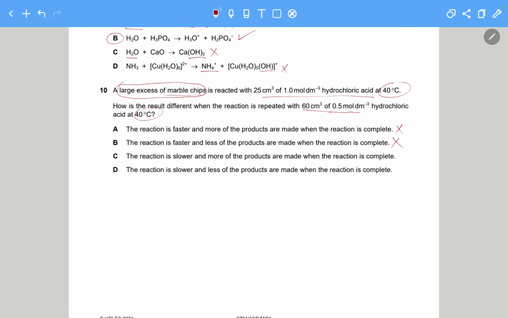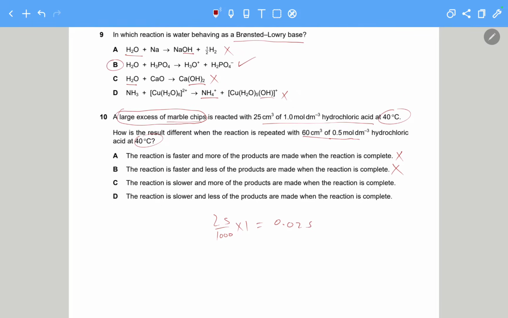So in the first case, we have 25 over 1000 into 1. Remember, cm³ needs to be converted to dm³, and this is 0.025 moles. In the second case, we have 60 over 1000 into 0.5, which is equal to 0.030 moles.